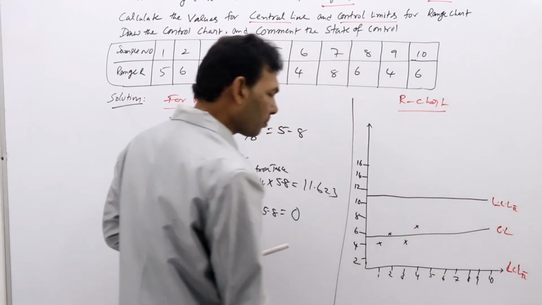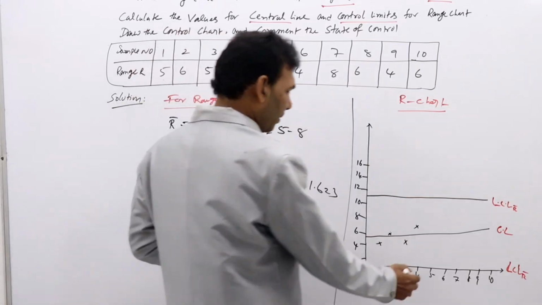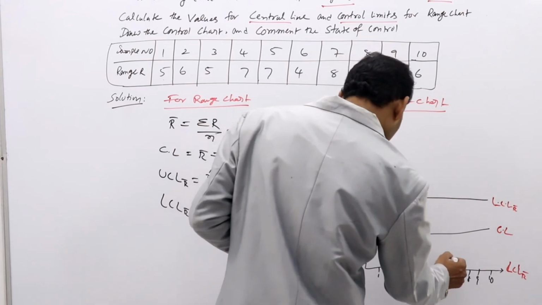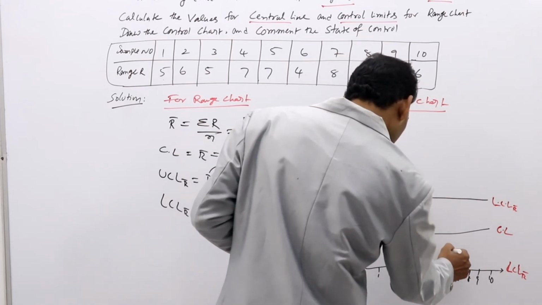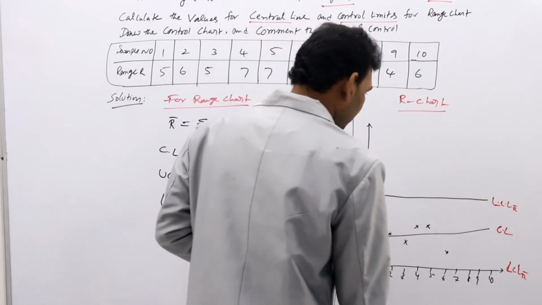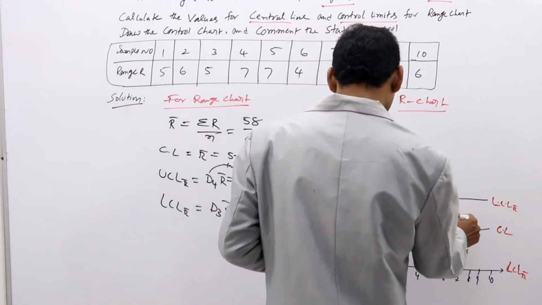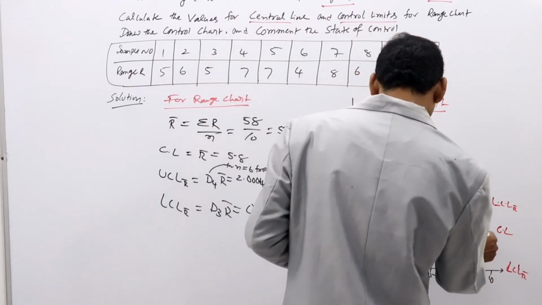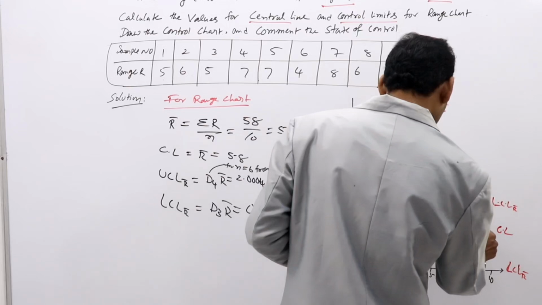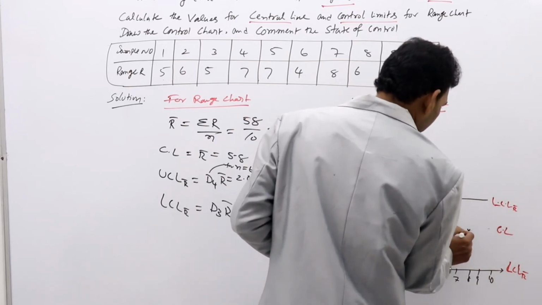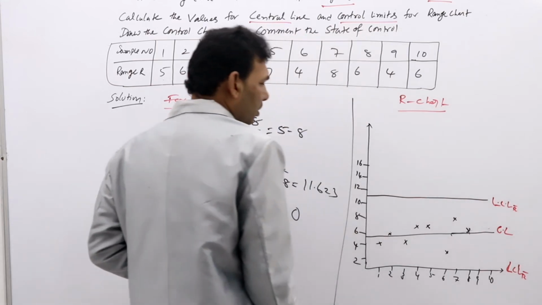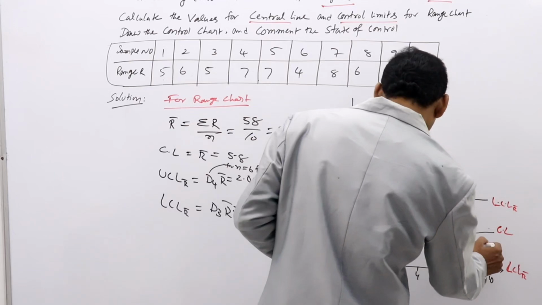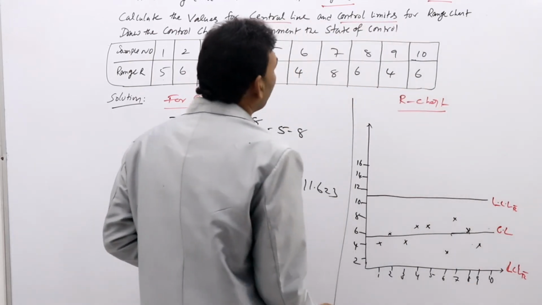For 5, again 7. For 6, 4. For 7, 8. For 8, 6. For 9, 4. For 10, 6.